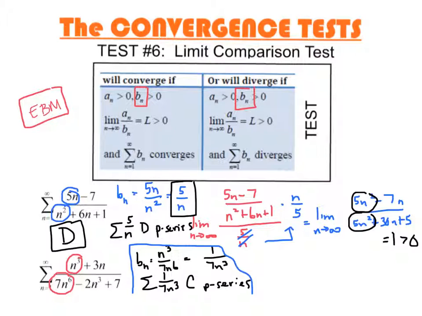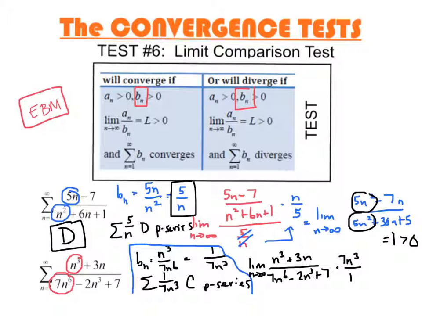So now when I set this up, I take my original series and divide it by the end behavior series, and right away I'm going to multiply by the reciprocal. Limit as n approaches infinity.